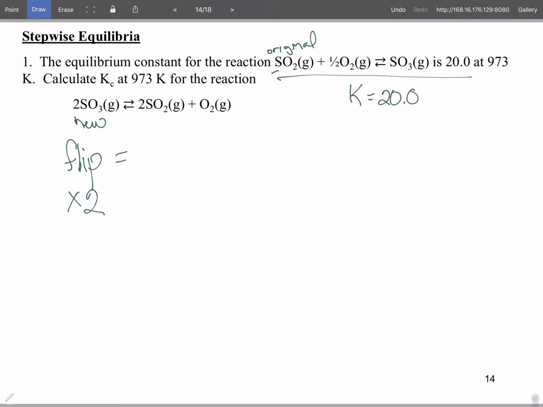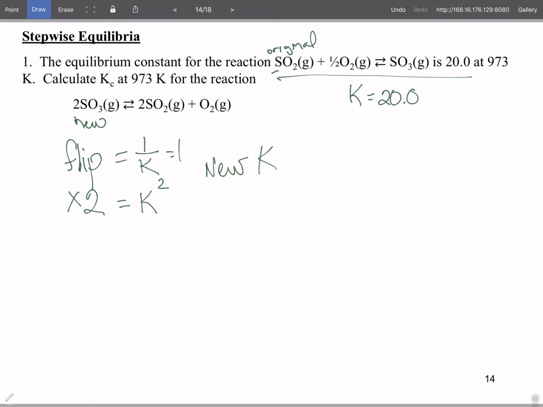So we multiplied it by 2. Well, if you flip it, you get 1 over K. All right? If you multiply it by 2, then you raise it to the second power. If you multiply it by 3, you'd raise it to the third power. So, the net effect is our new K combined.